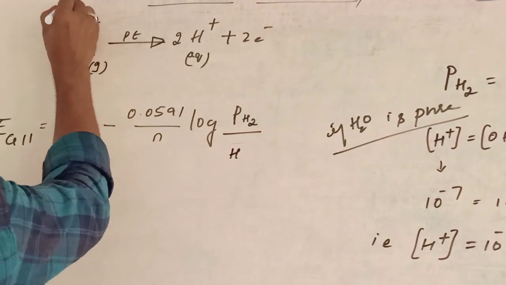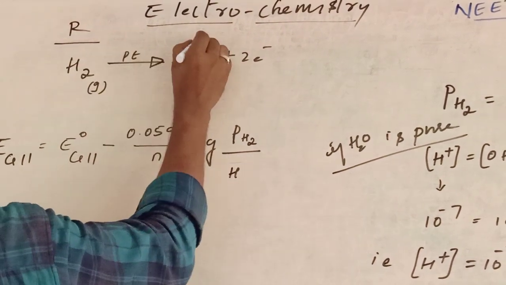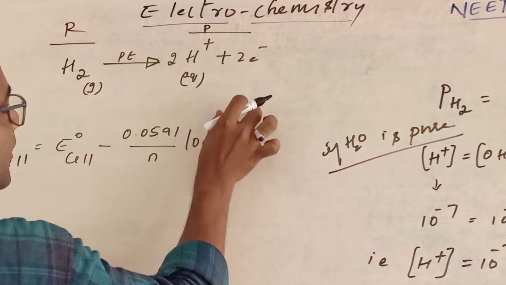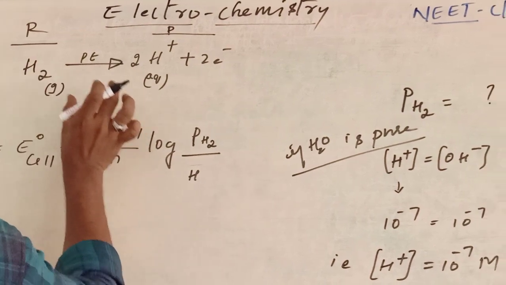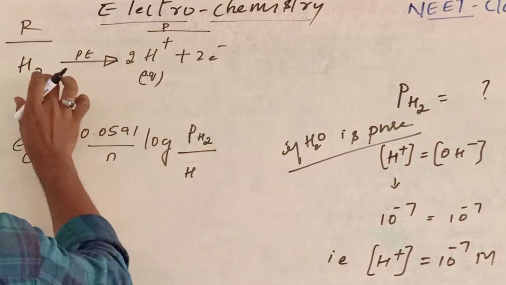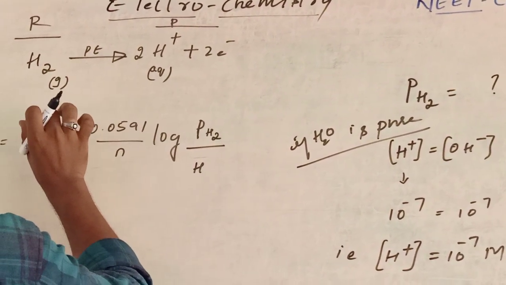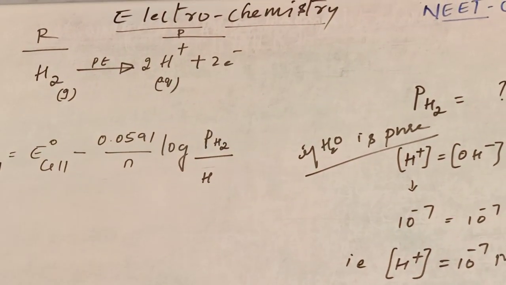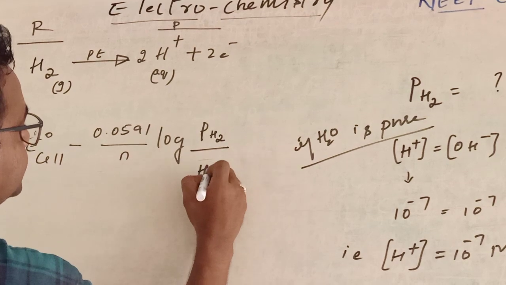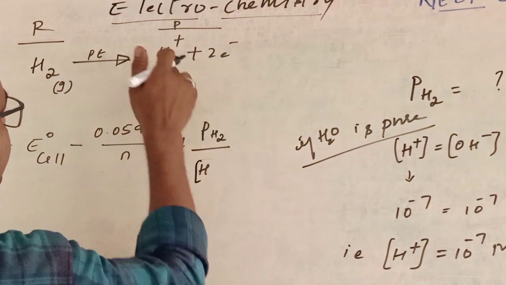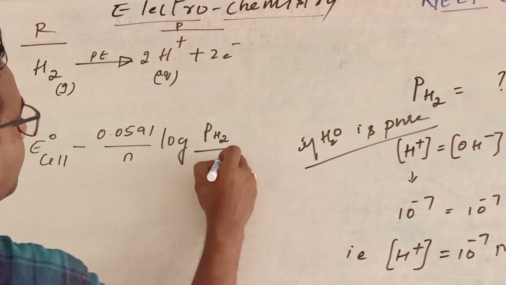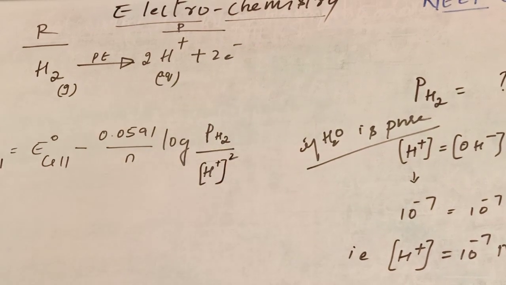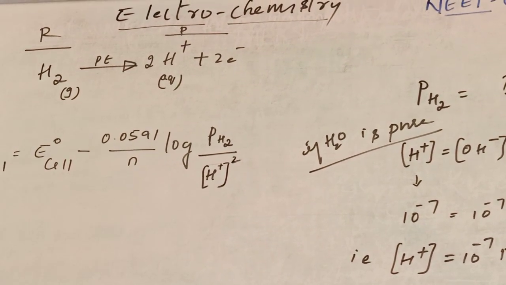This is nothing but reactant and this is product, so product by reactant. In hydrogen you can take this value, the molar concentration squared. We can take it like this.